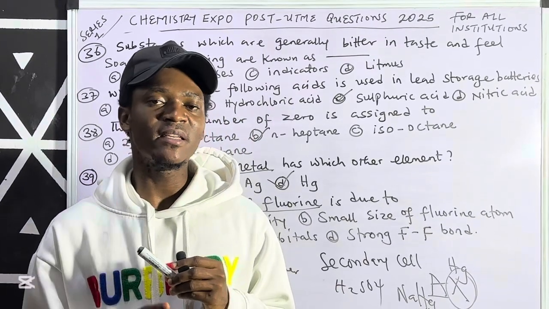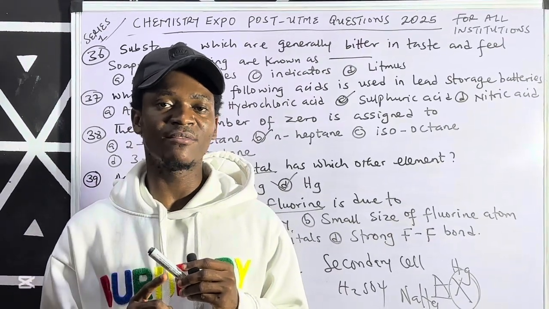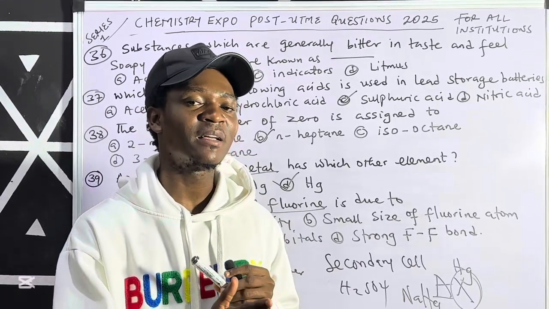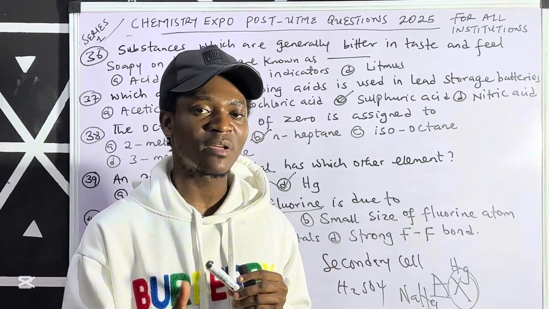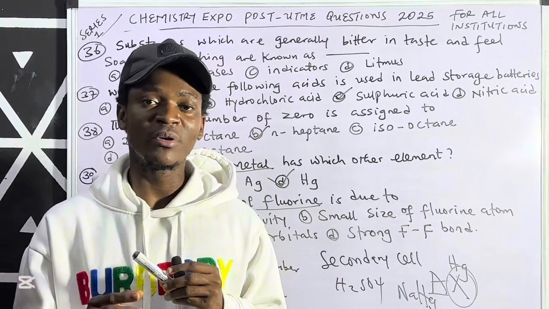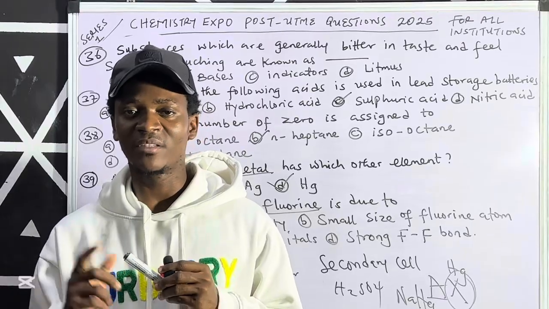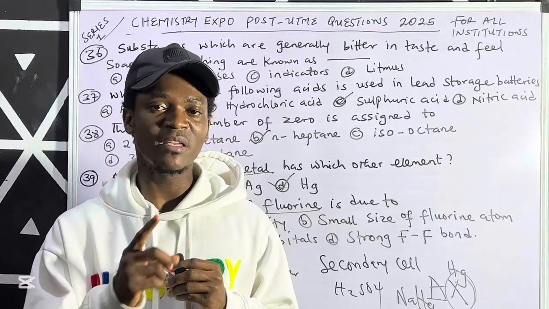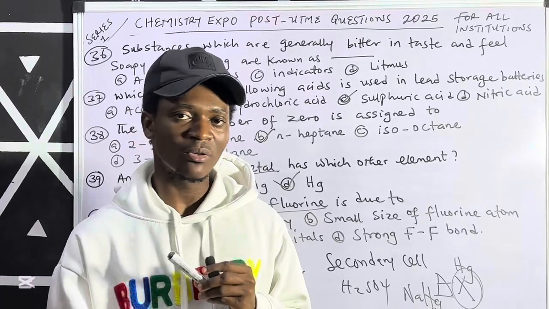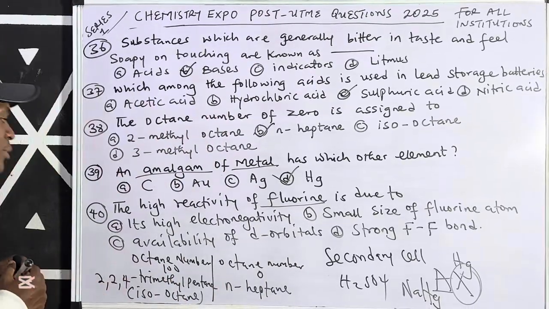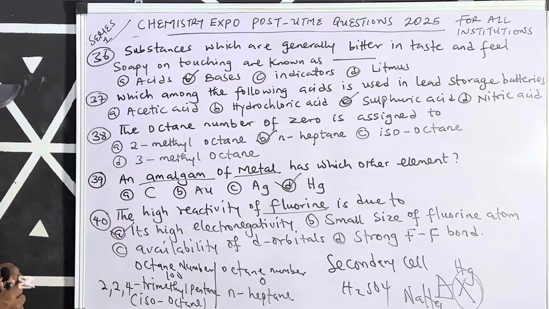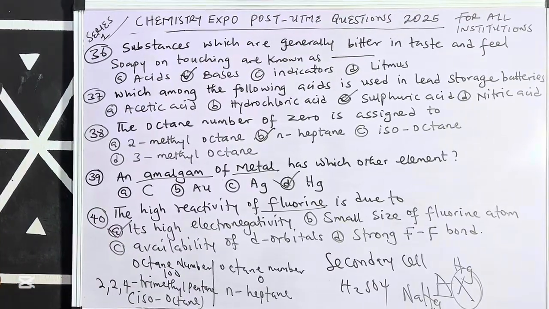Fluorine is the most electronegative, and that is what makes it the most reactive non-metal. When comparing the reactivity of fluorine with that of francium, fluorine is more reactive than francium, making fluorine the most reactive element in the world of chemistry. So it's due to its high electronegativity, which is option A. That's the right answer to the question.